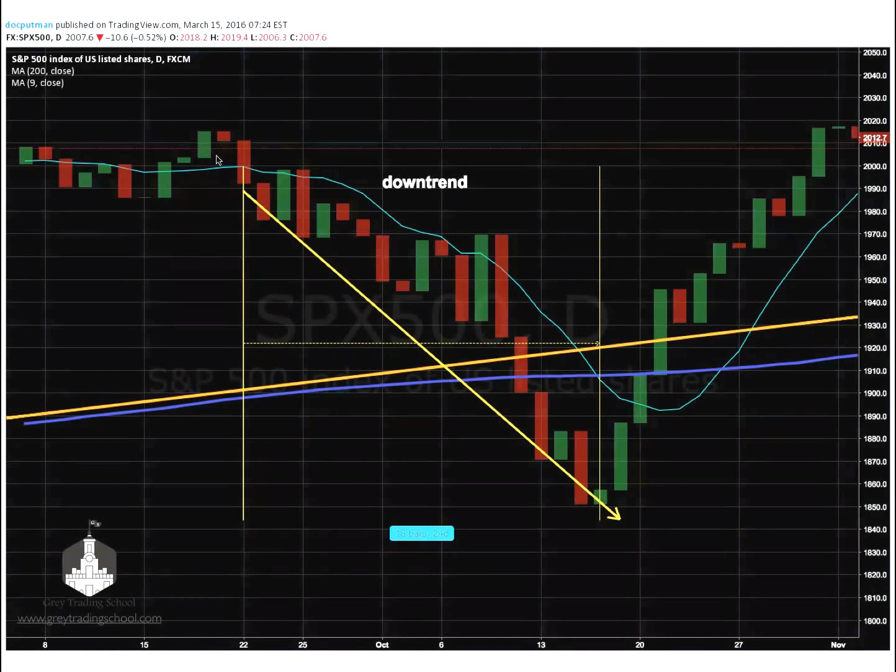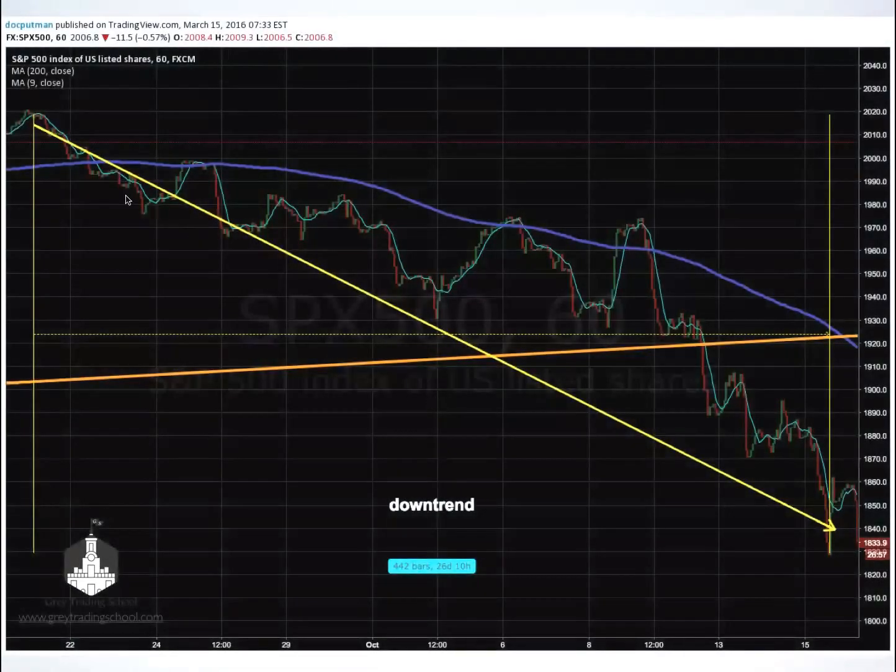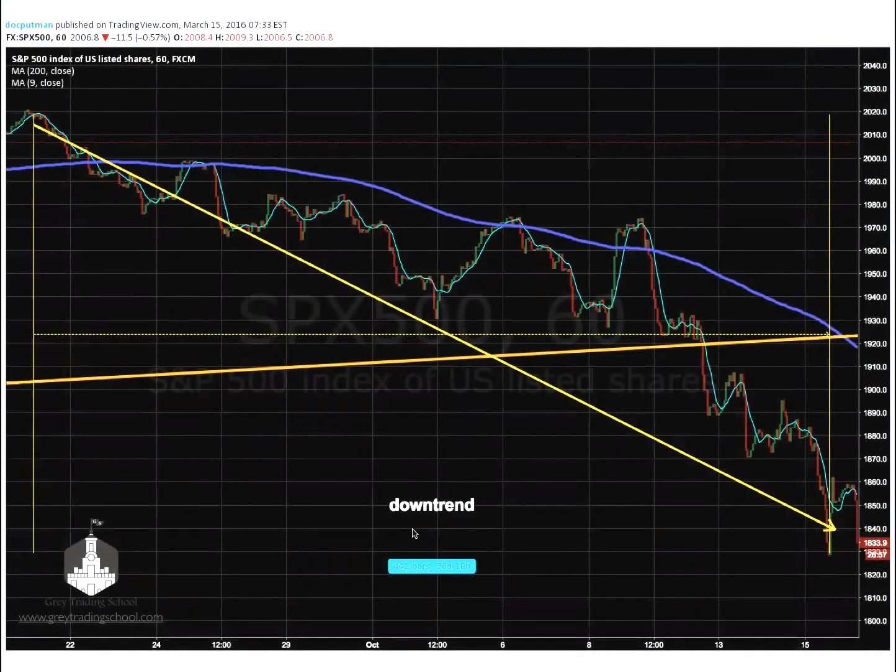So earlier we were looking at this exact same chart that showed an obvious uptrend. You can see here that there's a downtrend. Move into shorter time frames, it's a larger downtrend. This downtrend is almost a month long during a primary uptrend in the market.